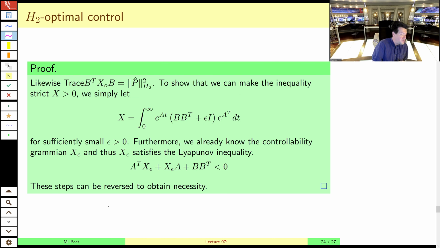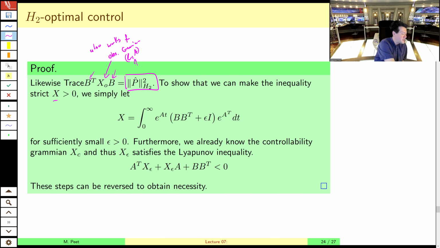Actually, this proof also works for the observability Gramian as well. So this is the observability Gramian. Remember, that's a function of C and A. And so we just add the B here to get the input properties. Either case, they're both equal to the H2 norm.